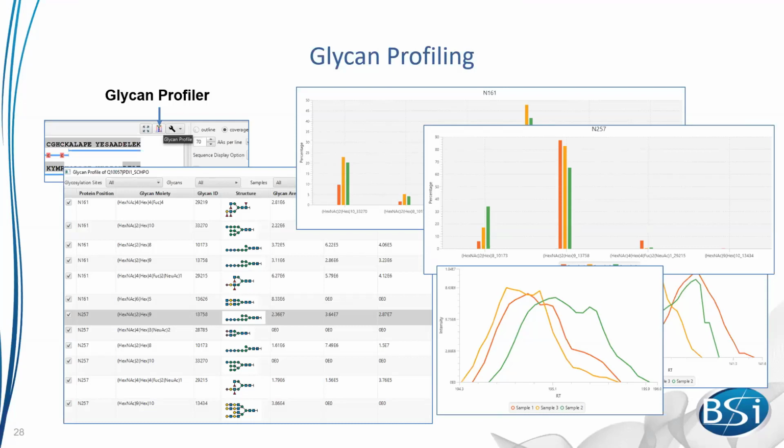In the table, you can see that all the glycan sites are listed with the corresponding glycan found and the area for that peptide. We also have this information represented in different types of charts. We have a bar chart for each position, and also separate XIC charts for each position and moiety.